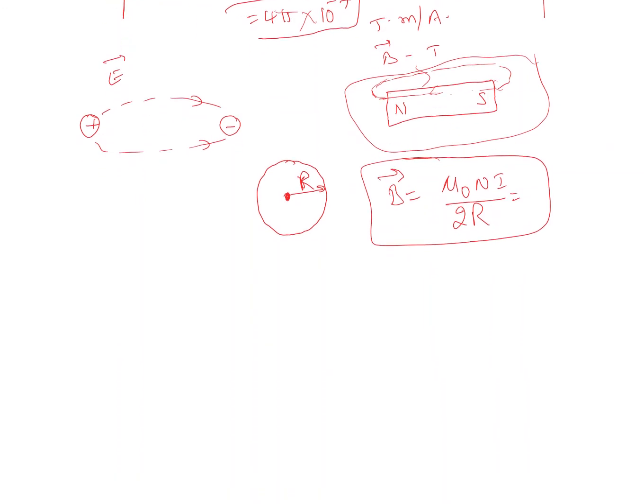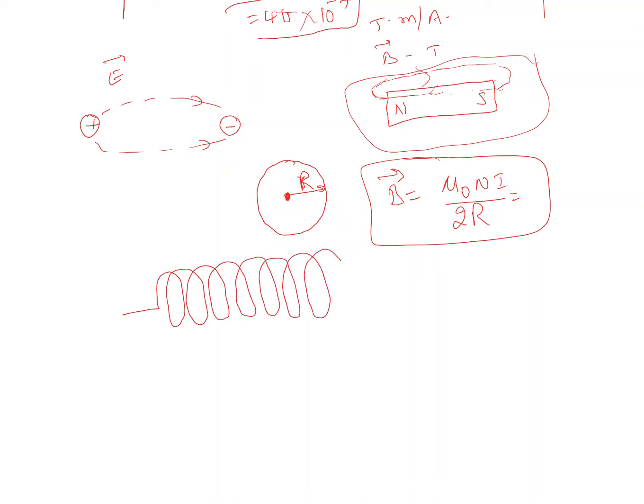Now what I'm going to do is make that number of loops into a coil with a length L. I'm taking this length L, and this is the radius r.